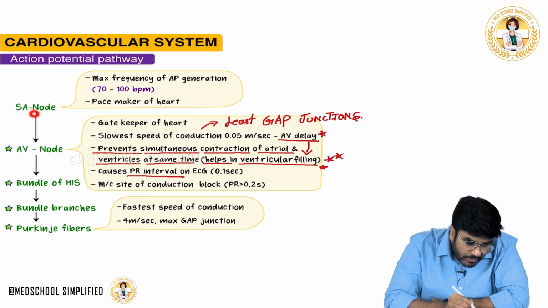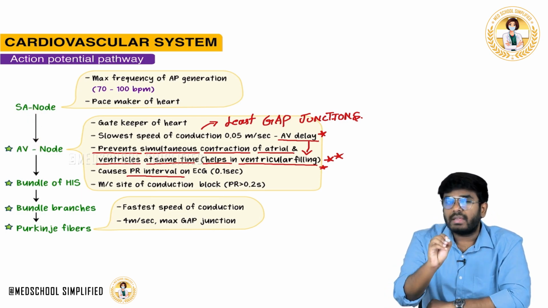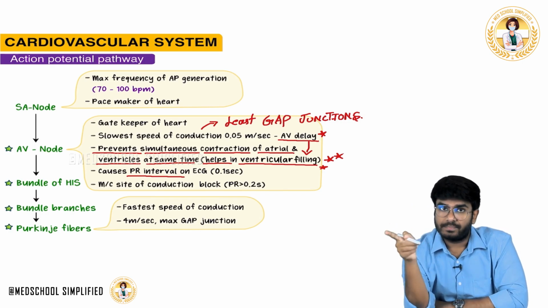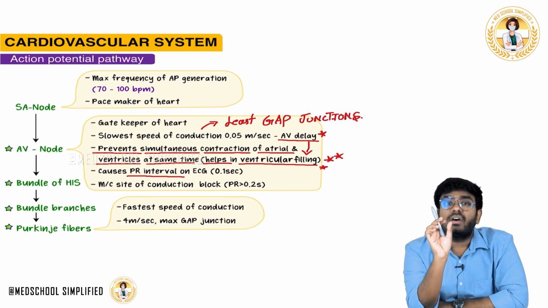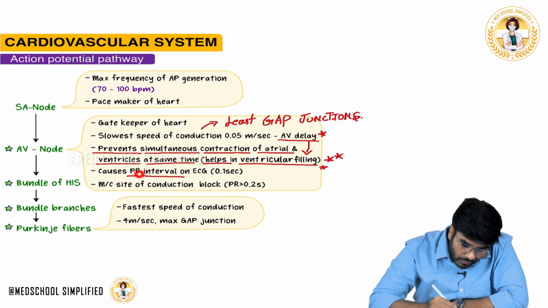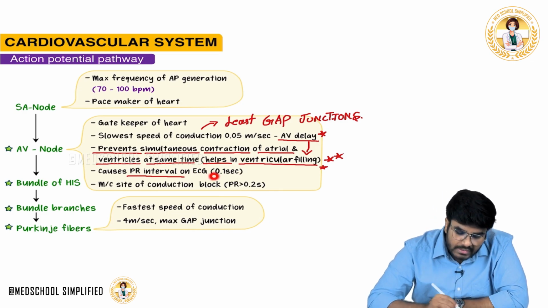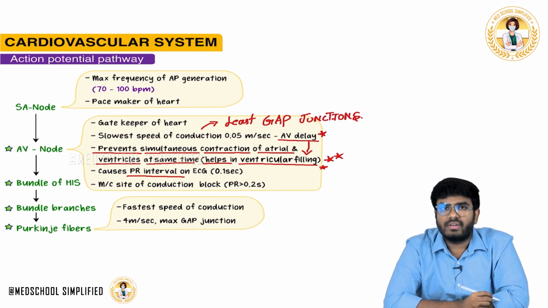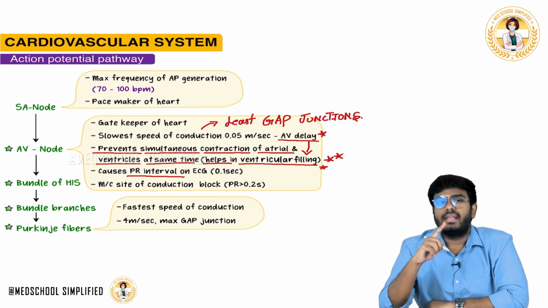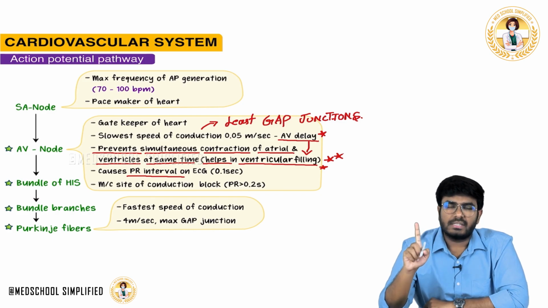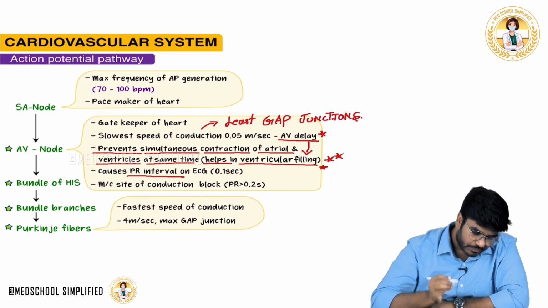All these events, the movement from the SA node to the AV node and through the AV node, are reflected in the ECG in the form of the PR interval. So, what is the duration of the PR interval? 0.1 second. Now, in the next slide, we will discuss the PR interval and different types of heart blocks. There, you can understand the importance of this.